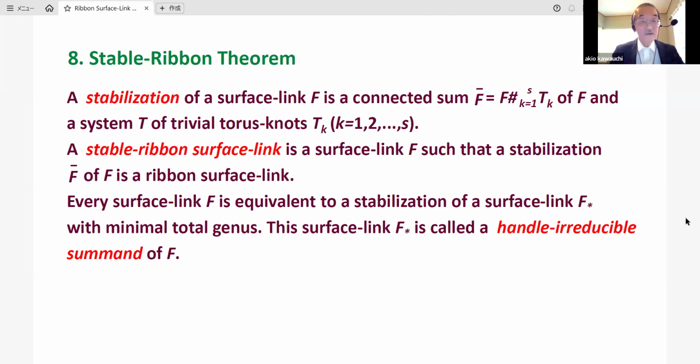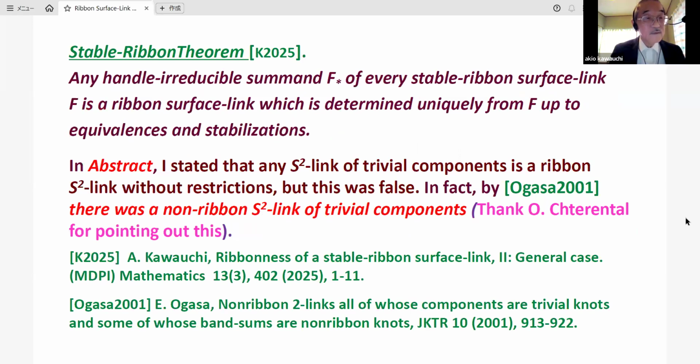Every surface link is equivalent to a stabilization of a surface link F* with minimal total genus. This surface link F* is called a handle irreducible summand of F. The stable ribbon theorem is obtained. Any handle irreducible summand F* of every stable ribbon surface link F is a ribbon surface link, which is determined uniquely from F up to equivalences and stabilization.